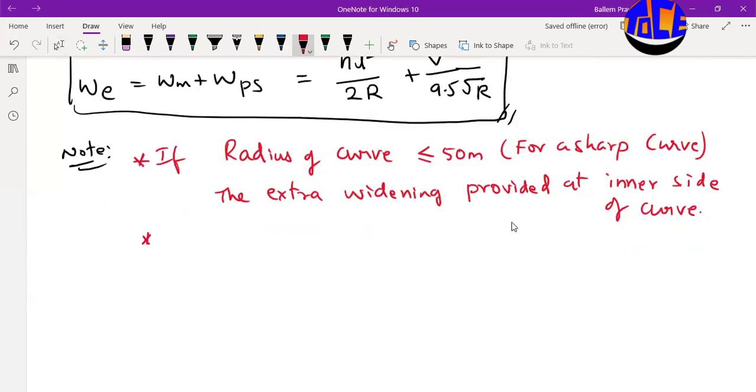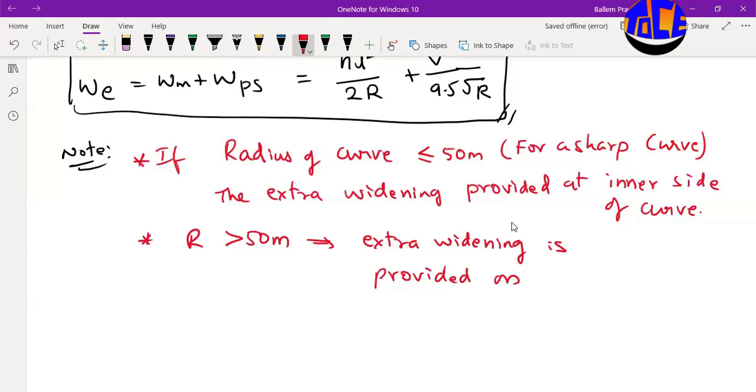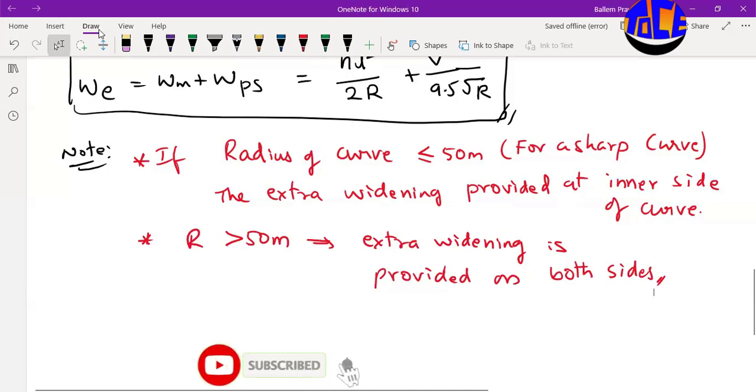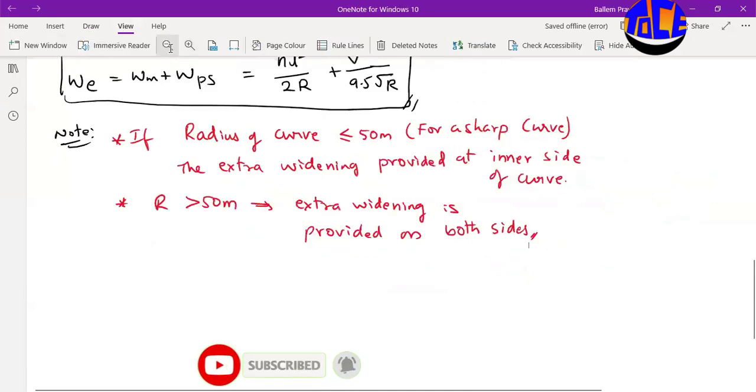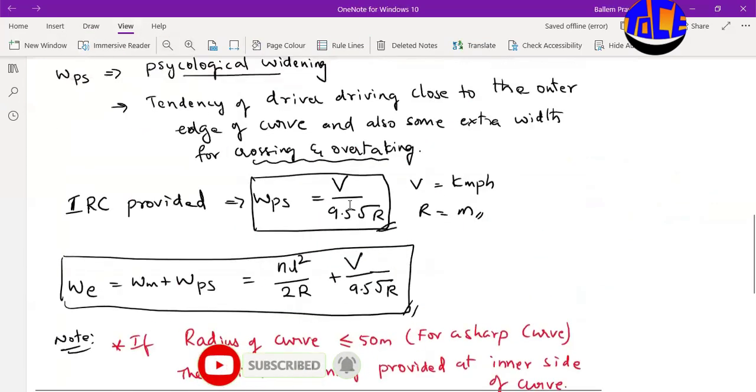If the radius is greater than 50 meters, then the extra widening is provided on both sides. So both sides, the extra widening is distributed. This is how we calculate the extra widening at a horizontal curve. Thank you all.